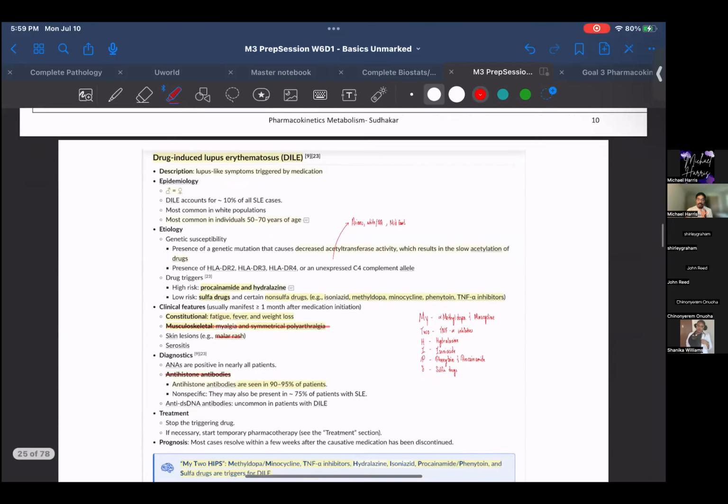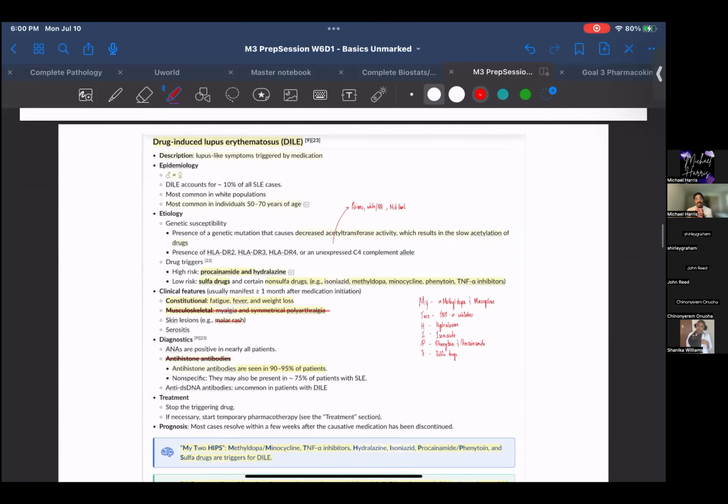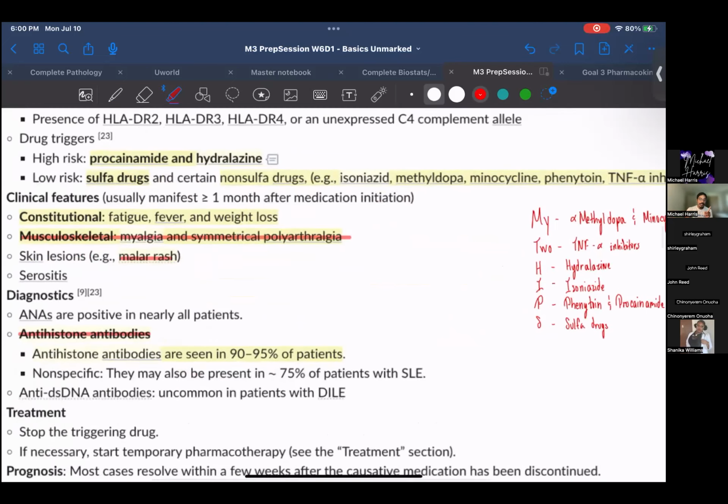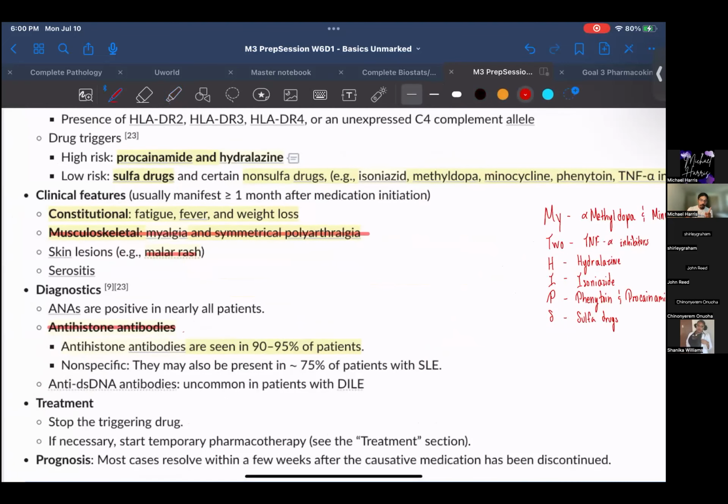Now, drug-induced lupus erythematosus presents just like lupus. However, the antibody is different. It's anti-histone antibodies. If you remember when we did that question last time, lupus antibodies were anti-Smith.